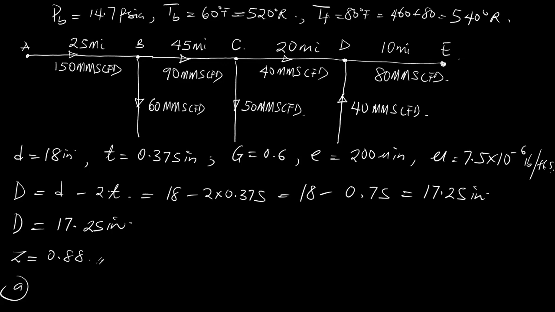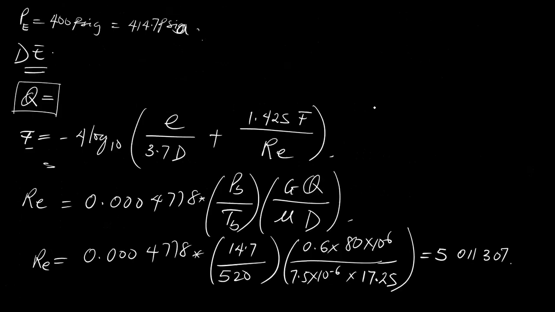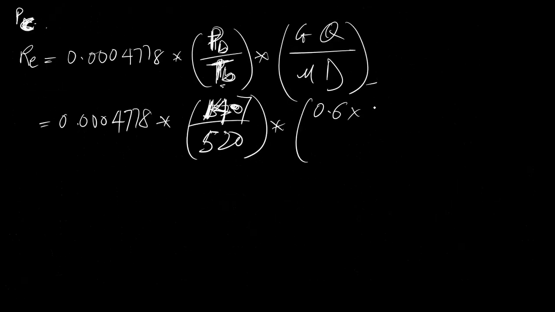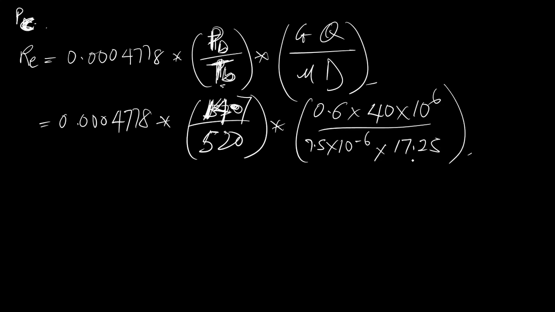CD is 40 million standard cubic feet. So we're using 40 times 10 raised to power 6 divided by 7.5 times 10 raised to power minus 6 divided by 17.25. Now let's calculate this.